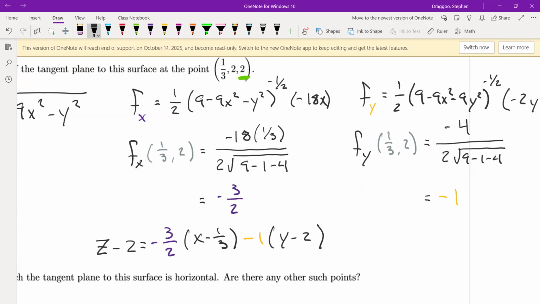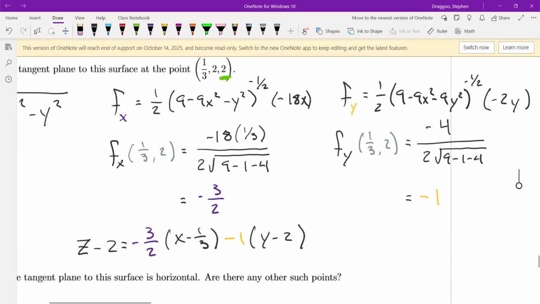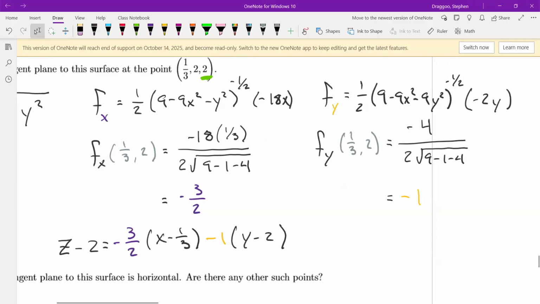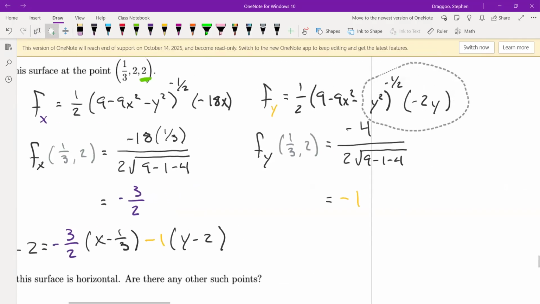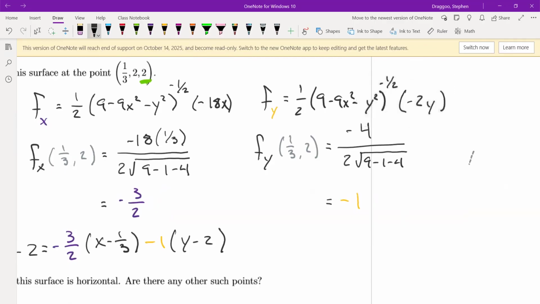Yeah, fair question. I do not know where I got that negative 9y² from. I think upon any sort of inspection, it's clear that should have just been a regular y². For what it's worth, when I plugged in the number, I used the correct form of the derivative.